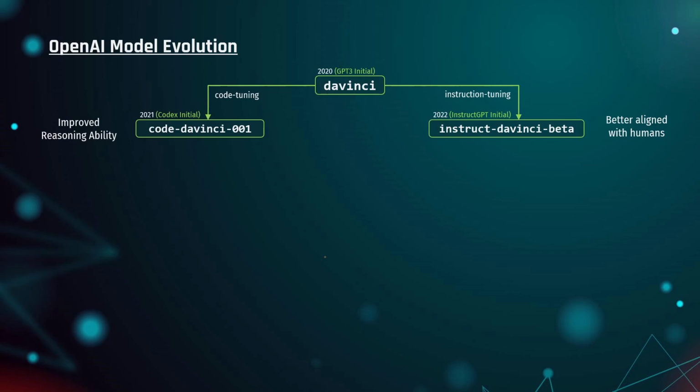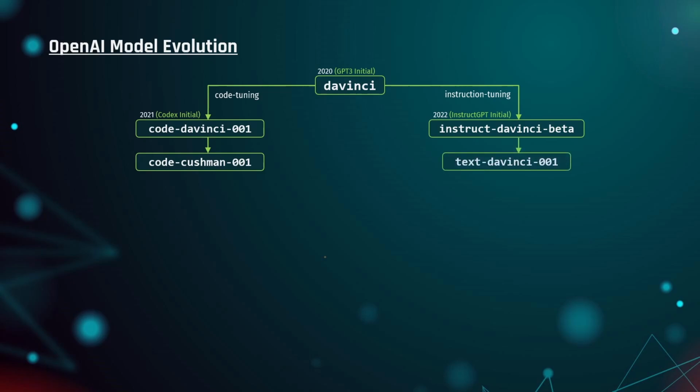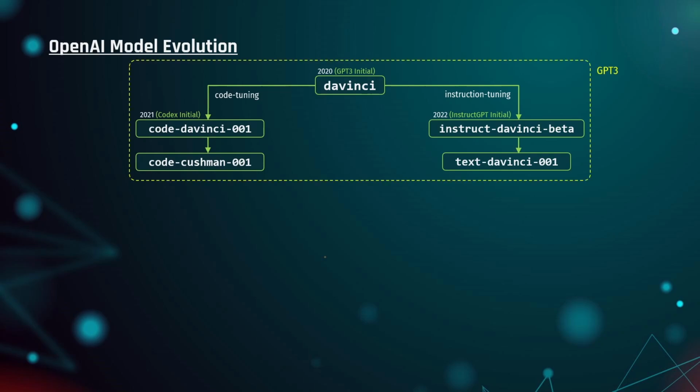These models were further fine-tuned. Code Da Vinci was fine-tuned to create Code Cushman 001 and Instruct Da Vinci Beta was fine-tuned to create Text Da Vinci 001. And this particular set of models make the third generation of GPT, okay.